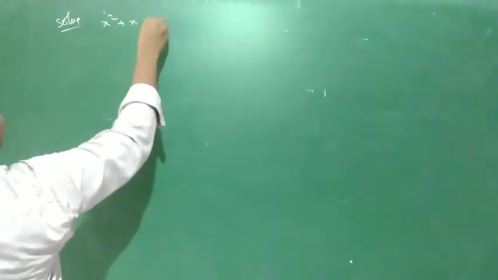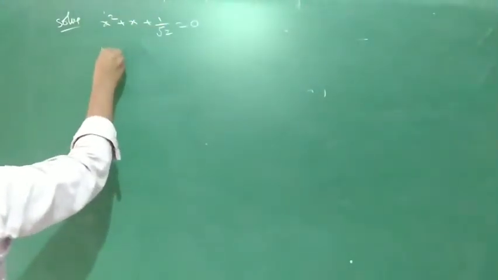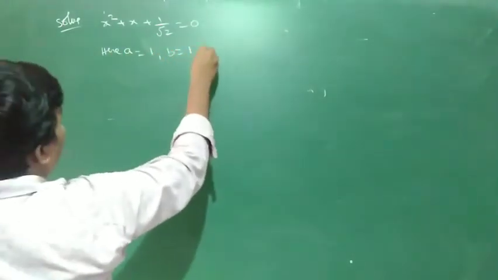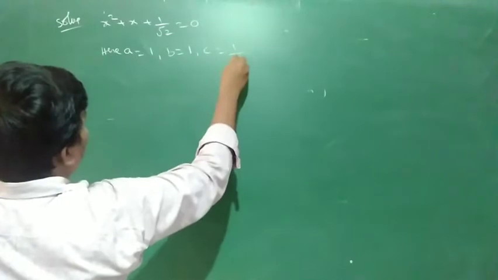Next, solve x square plus x plus 1 by root 2 is equal to 0. Here, what is a? 1. b is 1, c is 1 by root 2.